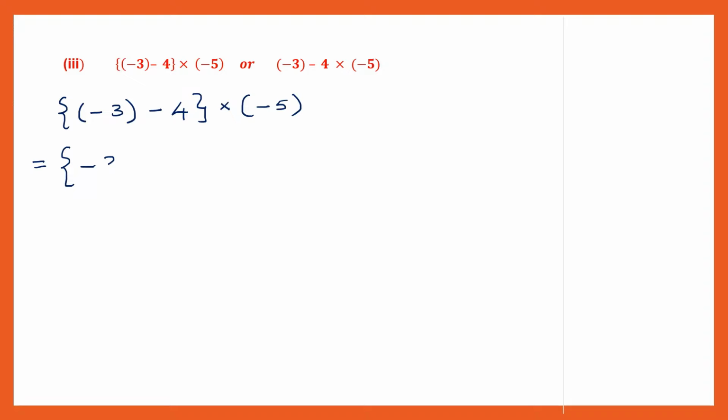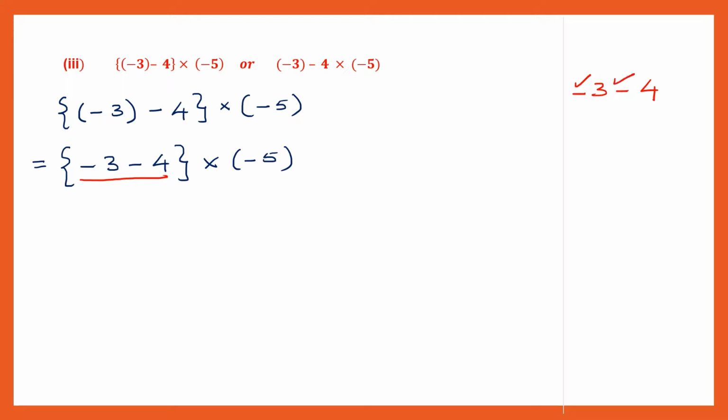So this is minus 3, minus 4, and then close the curly bracket into minus 5. So now we're going to remove the curly bracket. So we need to work out what's inside. So let me take that to the working column. So here I have minus 3, minus 4. So this is once again rules of addition that we're going to apply here.